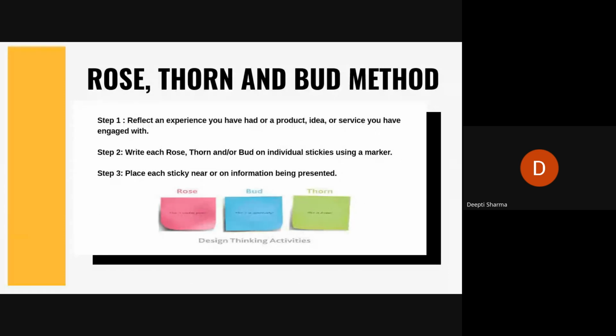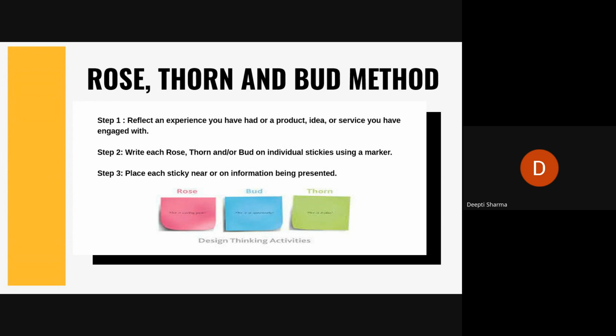First step is to reflect on your experience, or the product idea or service you have engaged with. The second step says write each rose, thorn, and bud on individual stickies using a marker. And step 3, place each sticky near or on the information being presented.